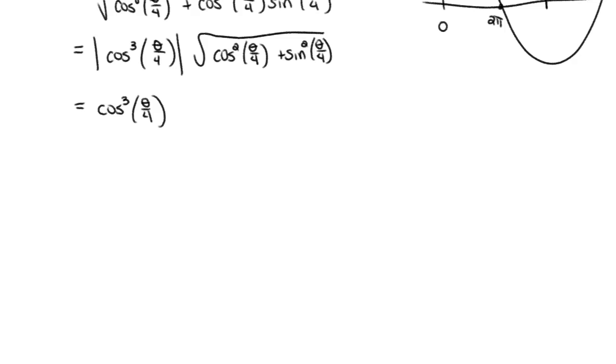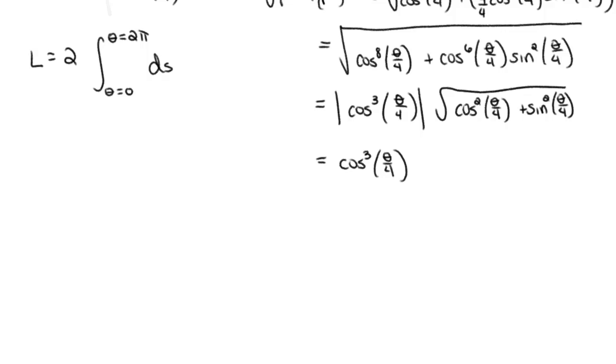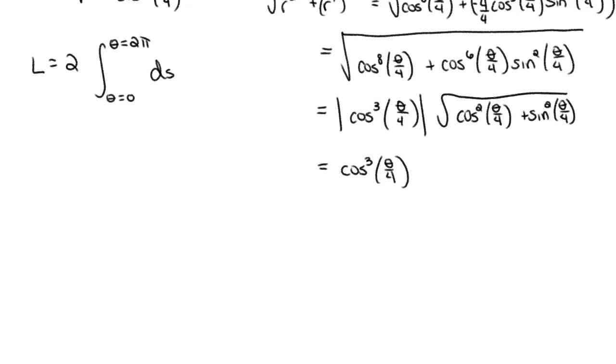And now that I know that that's what ds is equal to, I can substitute that back in. It's actually not what ds is equal to, but it's close. This is 2 times the integral from theta equals 0 to theta equals 2 pi, and this will be cosine cubed. I think most people at this point, once they get here, are okay.